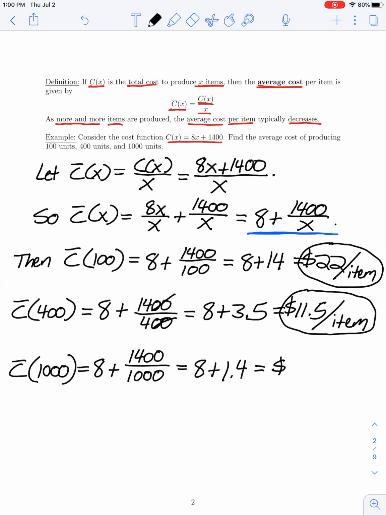So we're left with $9.40 per item or per unit for the average cost. So we're seeing here that as the number of units increases, our price per unit is decreasing. Okay.